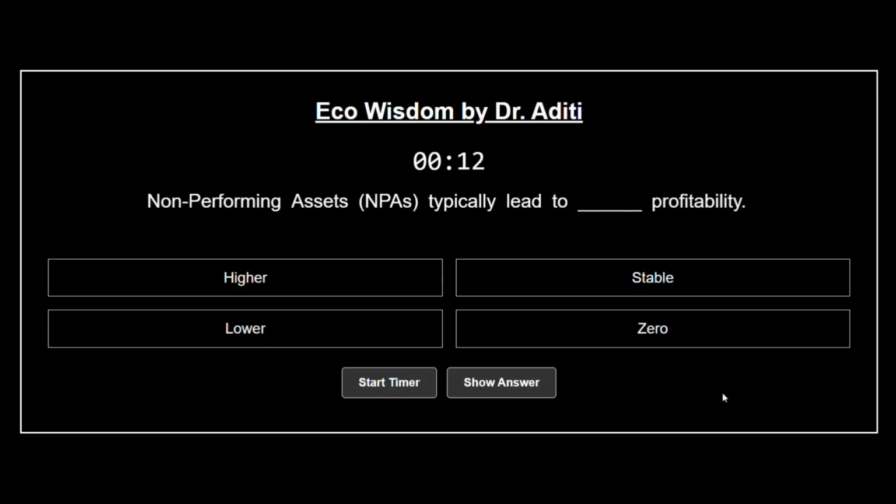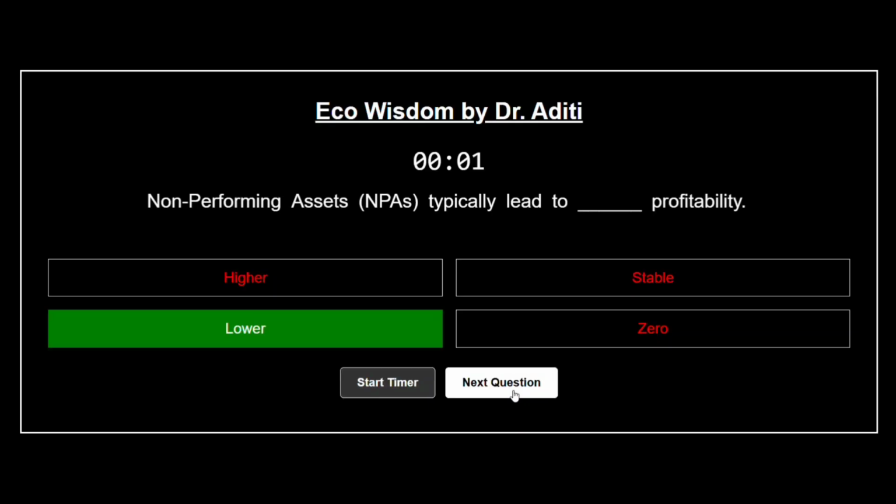Last few seconds. And let's see the correct answer. It's lower profitability. Naturally, non-performing assets are actually dead assets, so lower profitability. Next question.